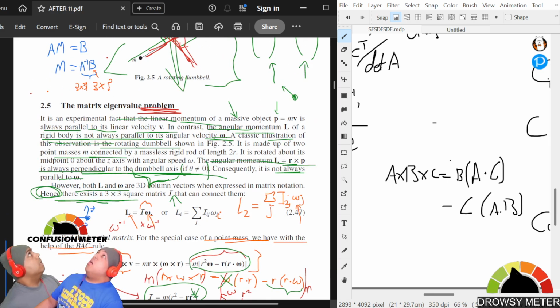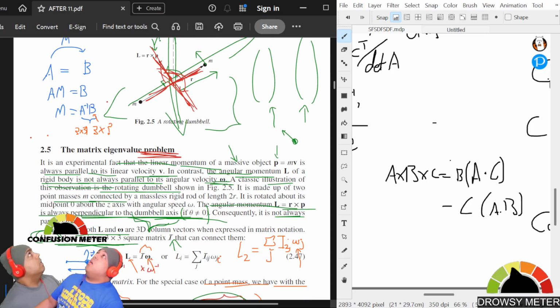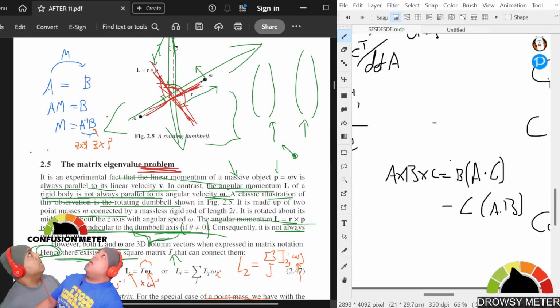Experimental fact: linear momentum in a massive object, P equal mv, is always parallel to its linear velocity. The angular momentum L of a rigid body is not always parallel to its angular velocity. The classic illustration of the observation is a rotating dumbbell made of 2 point masses connected by a massless rigid rod of length 2r, rotated about the midpoint O about the z-axis with angular speed omega.